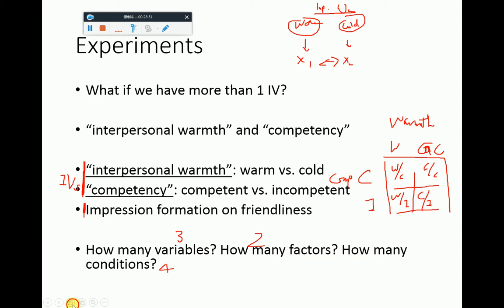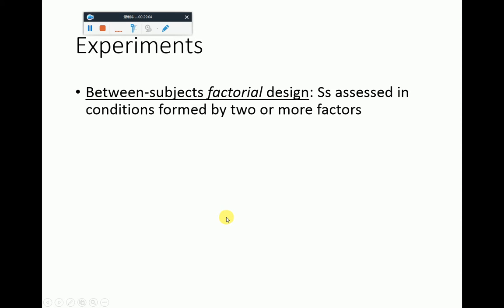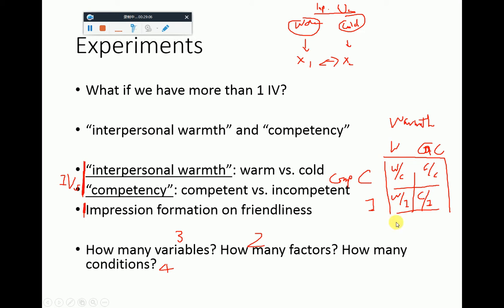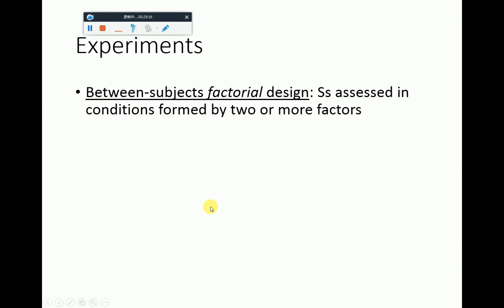Okay? So make sure you understand why the answers are 3, 2, 4 for these three questions, because you bet there will be exam questions like that. Okay? So with this design, with two factors simultaneously considered in an experiment, we'll call this a between subjects factorial design.